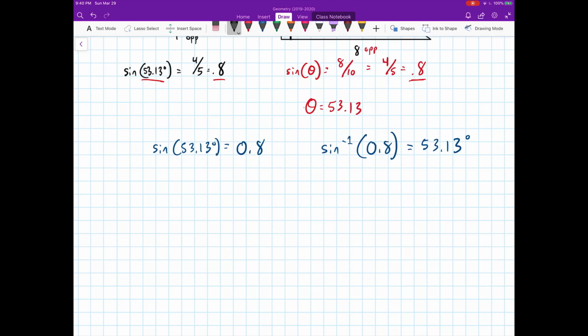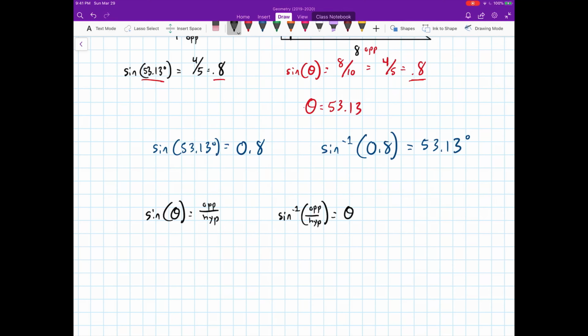The easiest way, I think, to remember them is to start with sine of theta equal to opposite over hypotenuse. The symbol there, the to the -1, is going to mean inverse. The inverse sine of opposite over hypotenuse will give you back the angle.